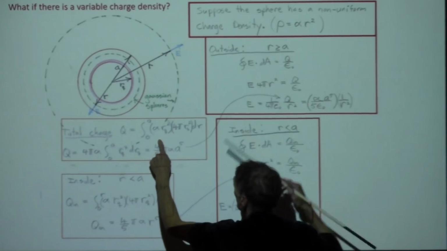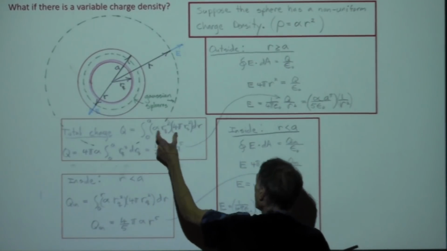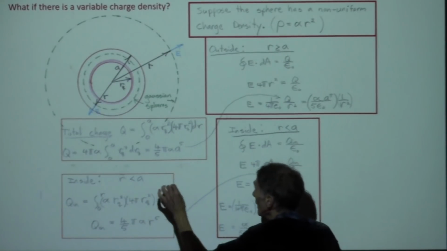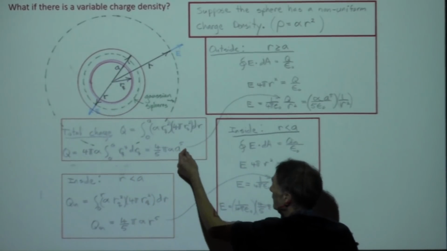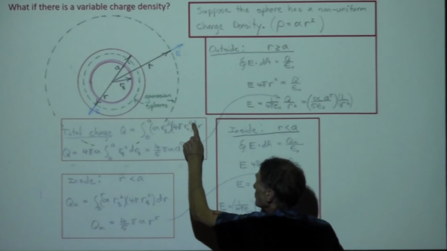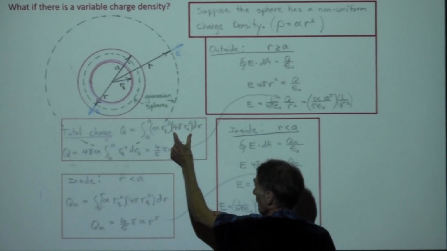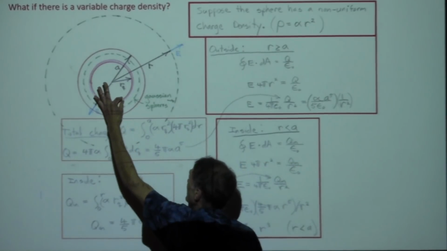It's proportional to r squared, so it's alpha r sub q squared. And then we take it times the volume of that layer, again like a layer of an onion. And this is 4 pi r sub q squared, the area of that sphere, times its little thickness, dr.